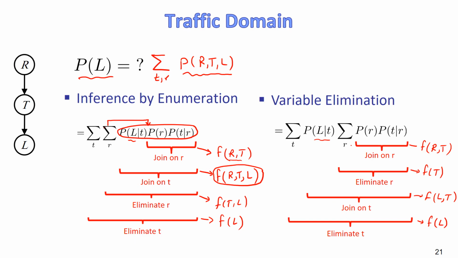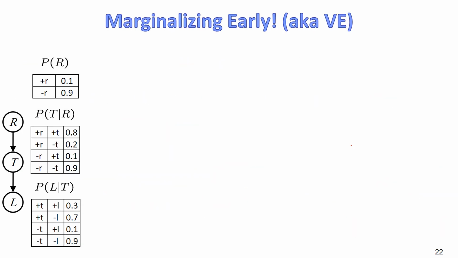Okay, good. Now let's see an example of variable elimination, or marginalizing early. When we talk about variable elimination, whenever we join on a variable, we will immediately eliminate it.